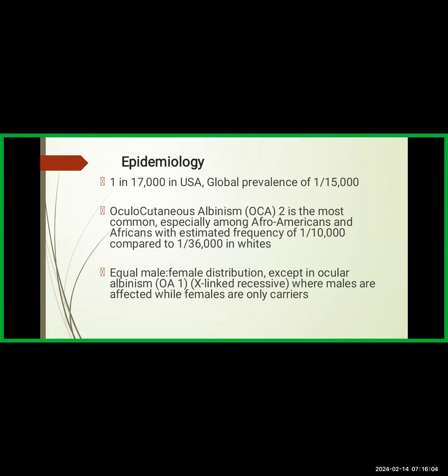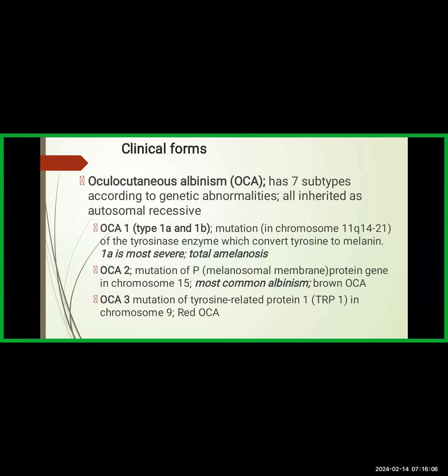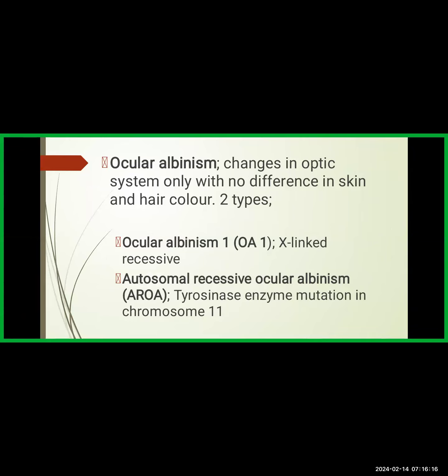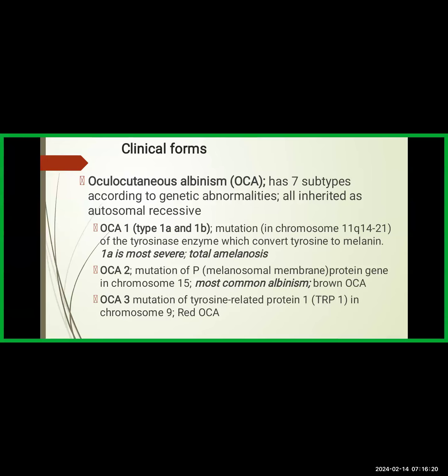Okay, so the forms of albinism: there are 2 major types. You have oculocutaneous albinism, which has 7 subtypes, but we're going to focus on about 3 here, while you also have ocular albinism, which has 2 major subtypes. We're going to see that shortly. The oculocutaneous albinism has 7 subtypes according to genetic abnormalities, and they are all inherited as autosomal recessive.